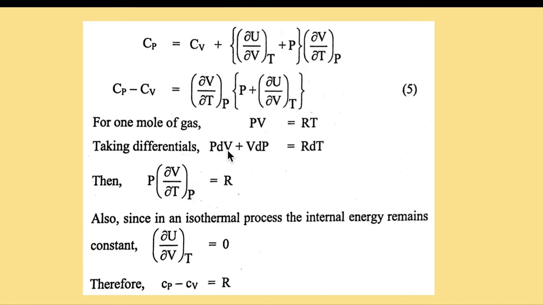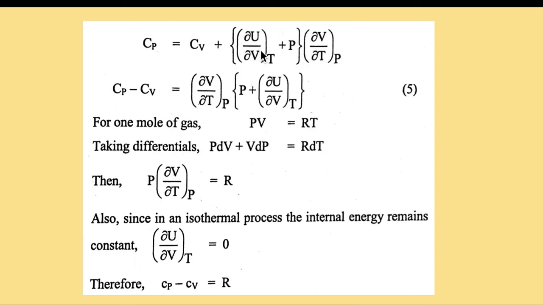So P into dV by dt at a constant pressure plus, here P is constant, so dP is 0. So there is no such term. R into, you are differentiating with respect to temperature, so this is clearly 1 dt. Then P into dV by dt at a constant pressure you can write as R. That means this term is R.